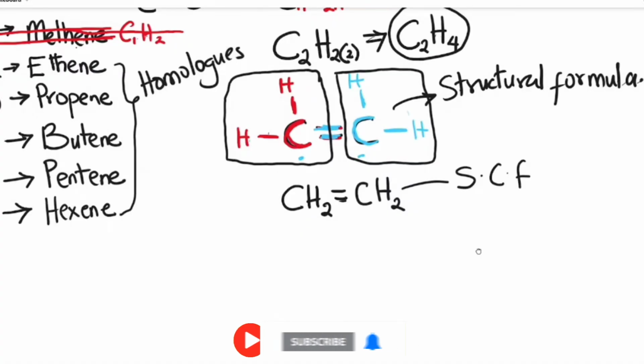What about the propene? Sorry, how do we draw the propene? Number 3 family. So remember we said that it has a general formula of what? The general formula is CnH2n, right? Since the propene is number 3, it therefore means that n is equal to 3.